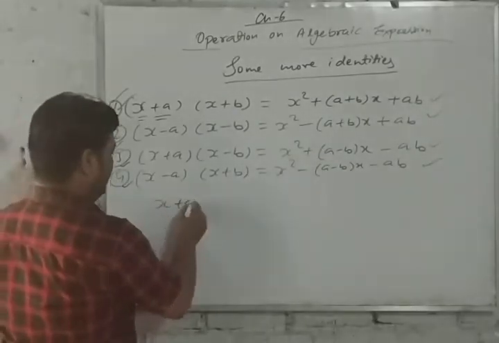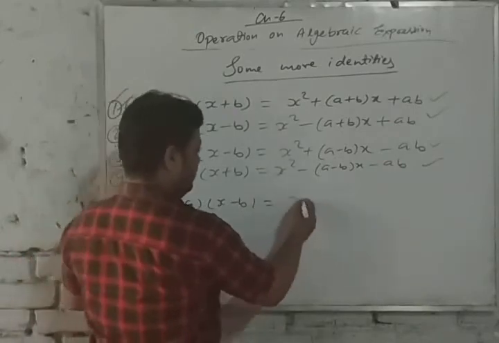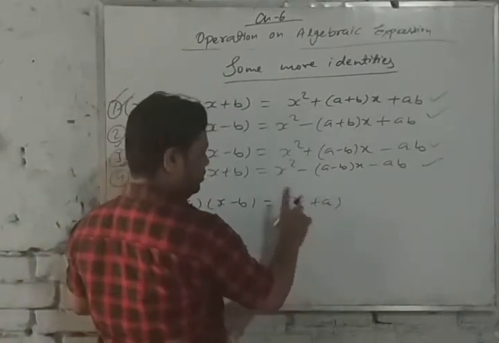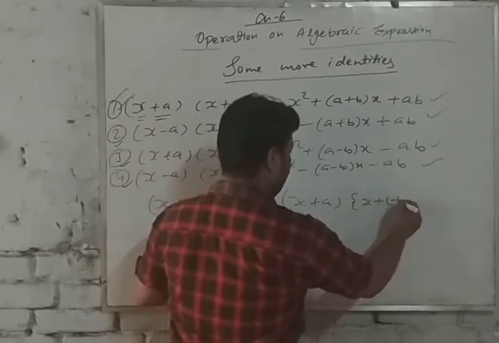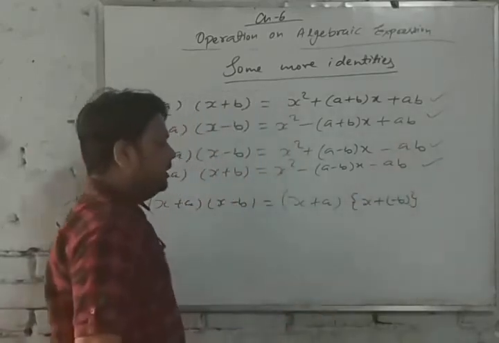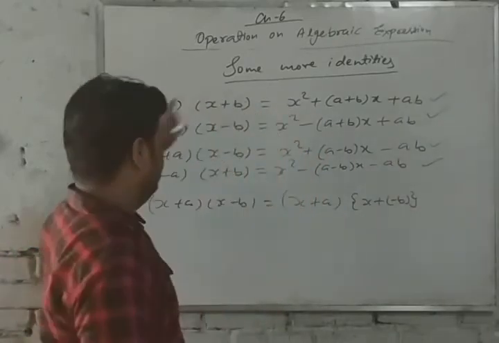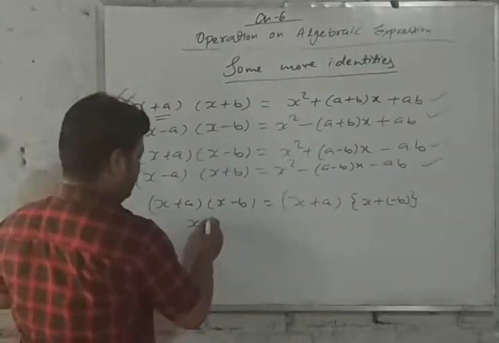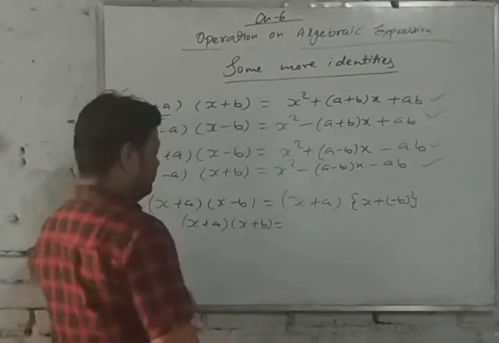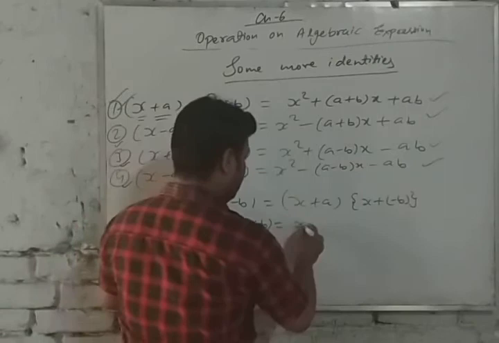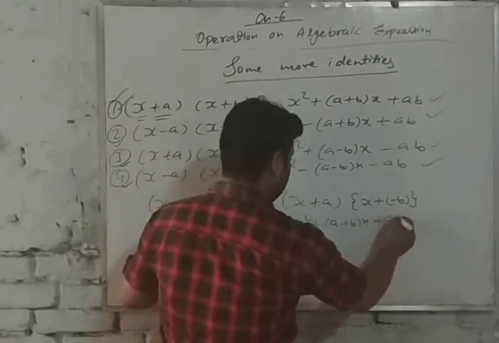We can write x plus a, x minus b as x plus a because it has no minus sign, and here we can write it like x plus and minus b. That is, what is the change? Instead of b, we will write only minus b. Now write this formula, x plus a and x plus b. x square plus a plus b into x plus ab.